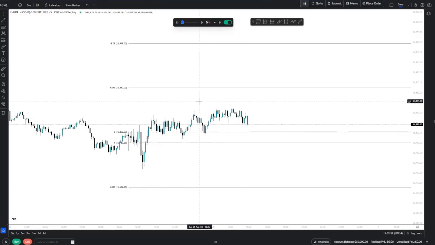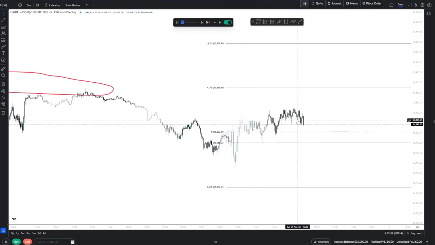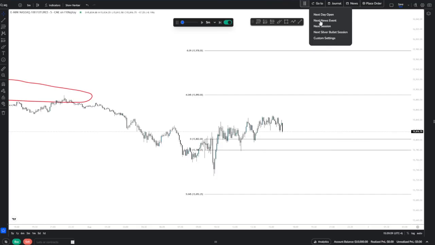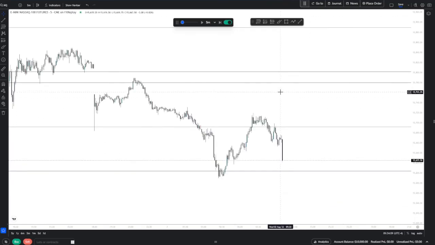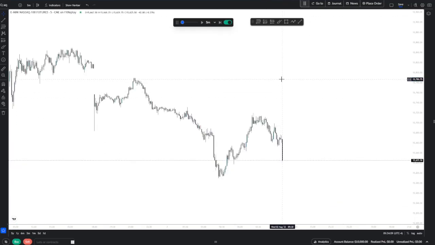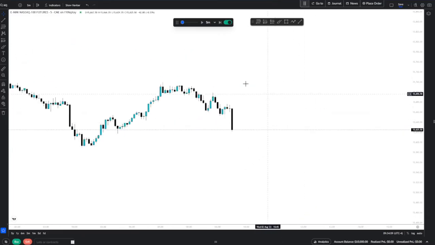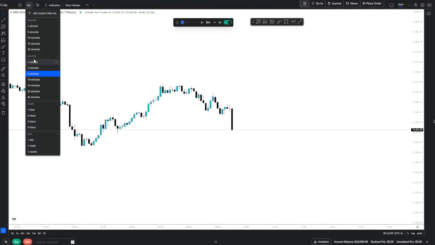So back-to-back days of not running anything. Again, another day of just choppy price action. So we'll check one more day. More day here. We'll go to 30-second.